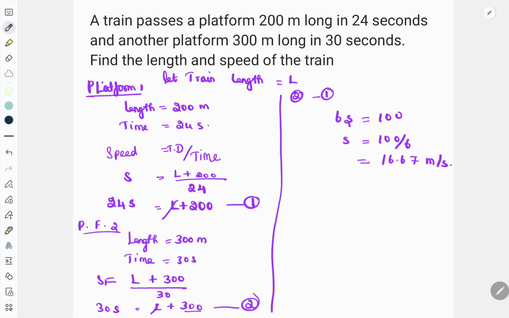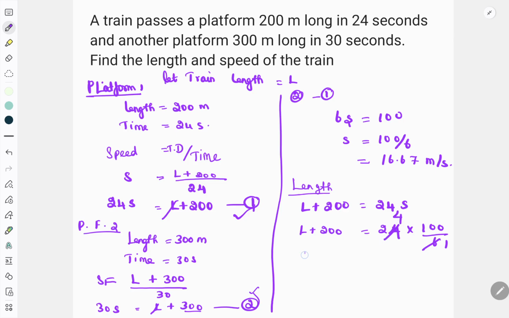Next, length of the train. For length of the train, we have to take any one equation, either 1 or 2. So consider first equation. L plus 200 equal to 24 S. So L plus 200 equal to 24 into S, which is 100 by 6 or 16.67, we can take either one. When we cut, 1 6 is 6, 4 6s are 24.